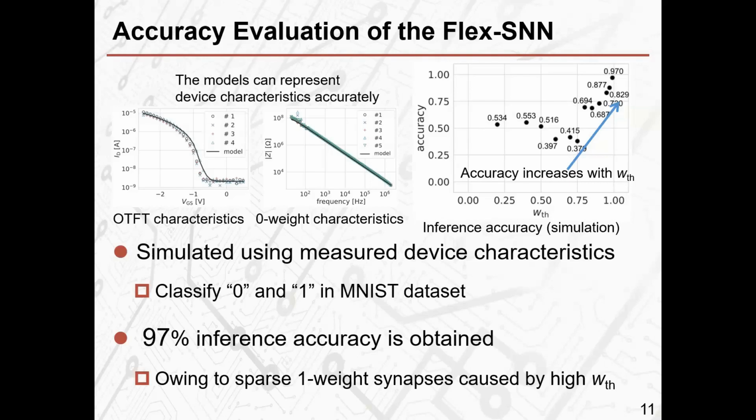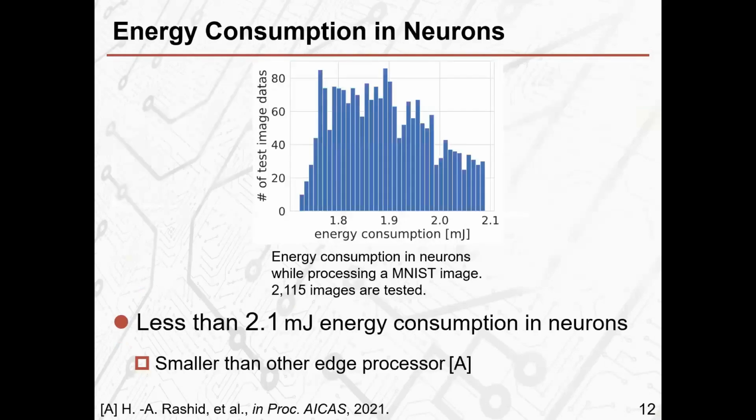So a smaller number of sneak paths is important in our Flex-SNN circuit for improving inference accuracy.